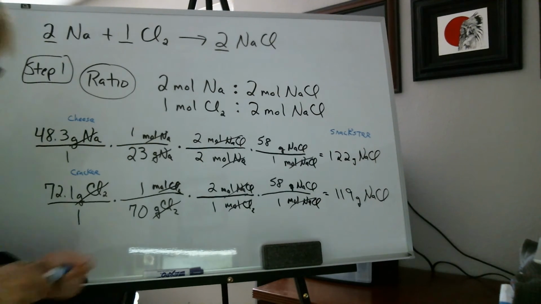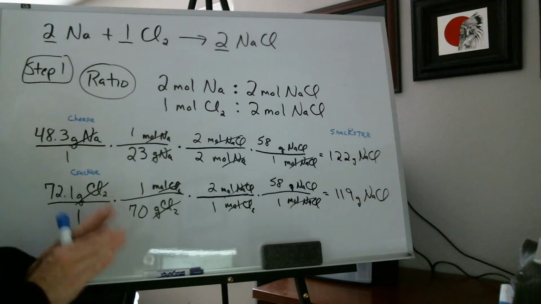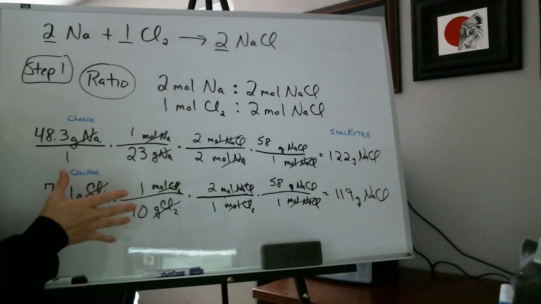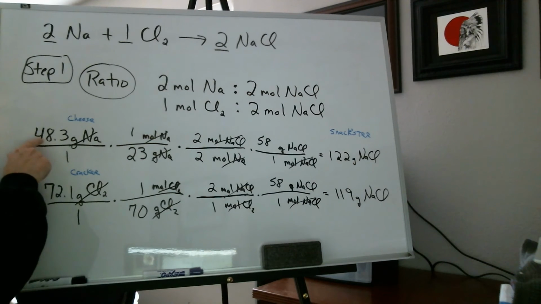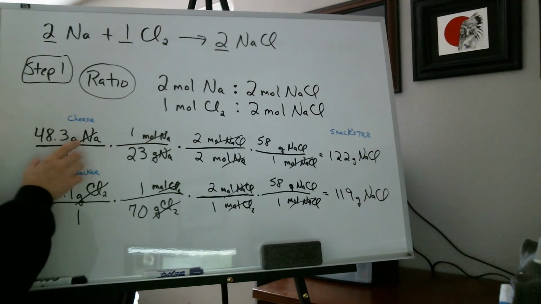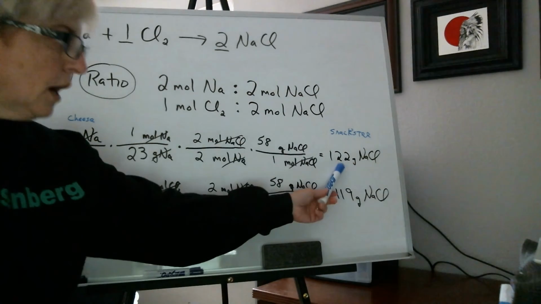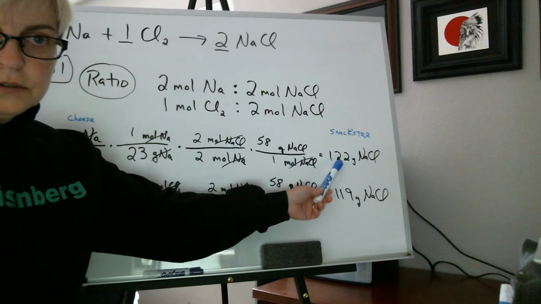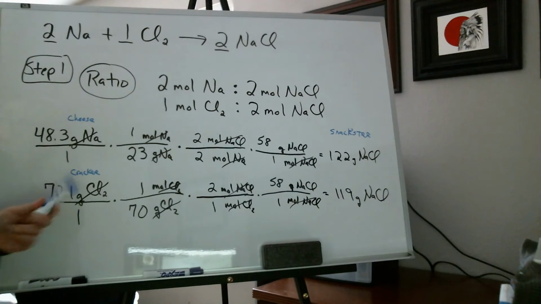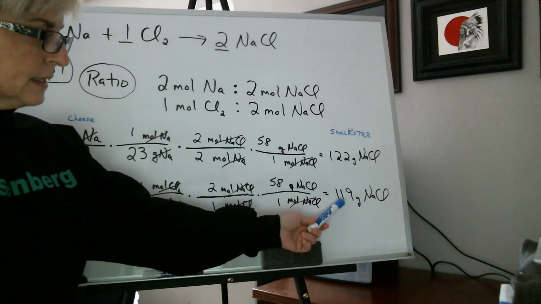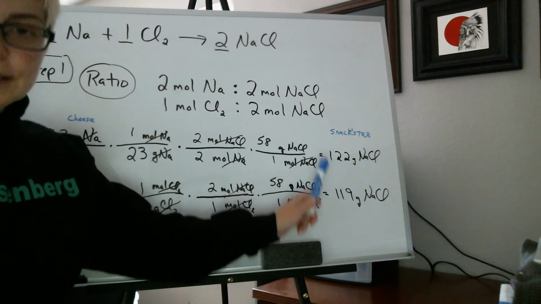Okay, so if you hang with me just to see the analogy, I know the ratios are not the same, but this is kind of like saying, hey, I have 48.3 little blocks of cheese, and with those 48.3 blocks of cheese, I can make 122 snacksters. And over here I have 72.1 crackers, and with those 72.1 crackers, that's enough to make 119 snacksters.